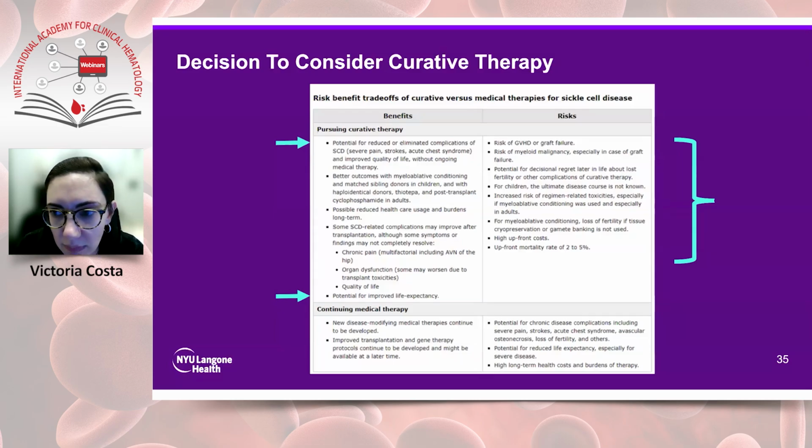The curative therapies do have their own risks, including graft versus host disease, or other toxicities associated with the conditioning regimens or chemo. And they tend to be much more costly as well.